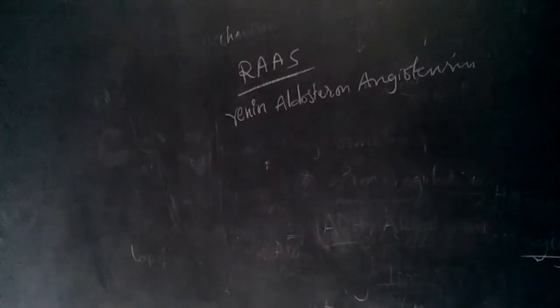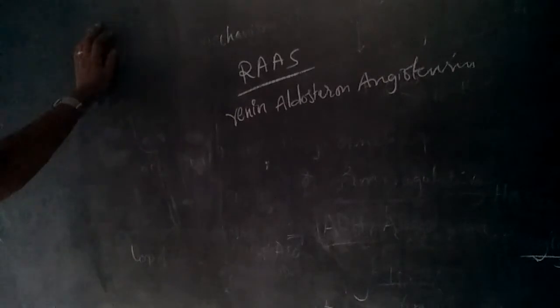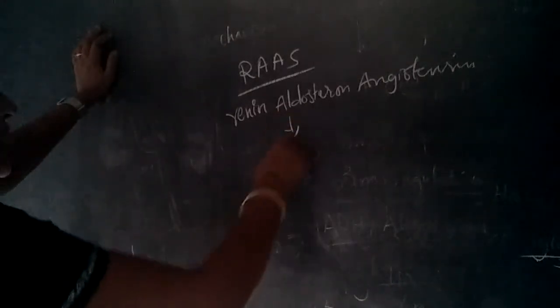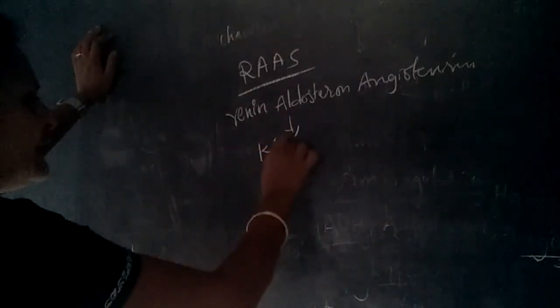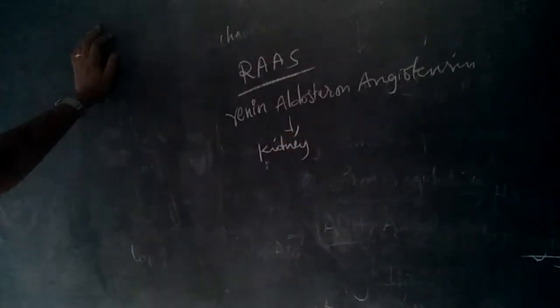Renin, angiotensin, aldosterone cycle. That is the RAS cycle, and it is present in the kidney.